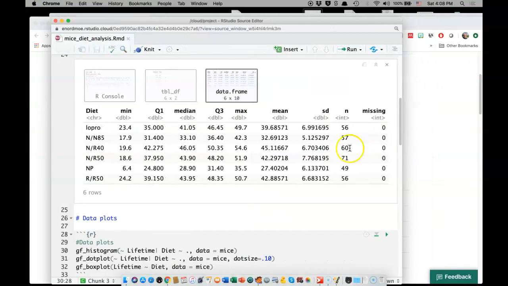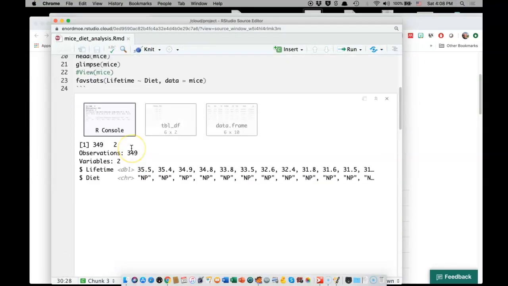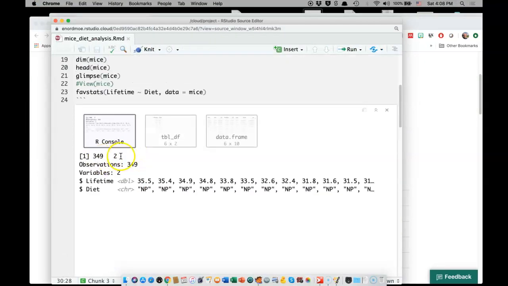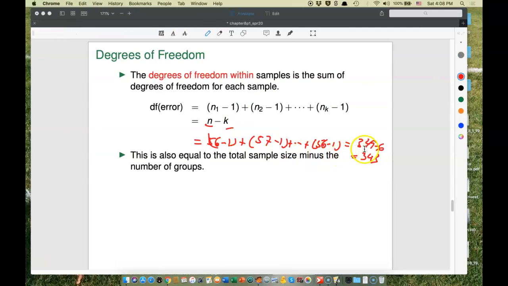And let's see, we saw over here when we did dimensions, we got 349 and 2. So that 349 minus 6 comes back here. All right, so that's our degrees of freedom for the within sum of squares. Now we're also going to get a degrees of freedom for the between, so stay tuned for that.